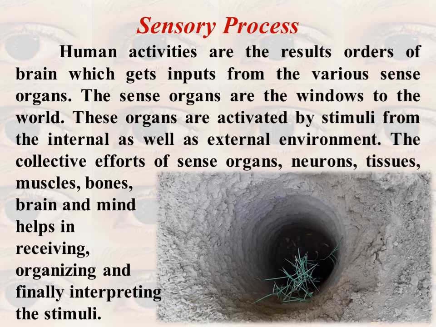It's a processing center, and the sense organs are your windows to the world. Whether internal or external, that information is received by the sense organs, which are activated by it, and from there the information travels to the brain.